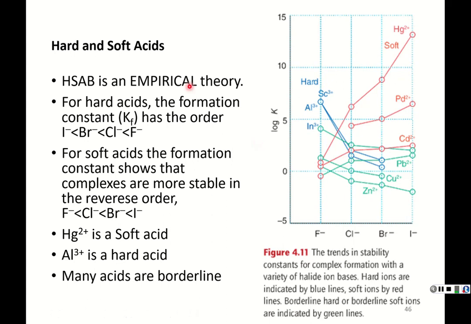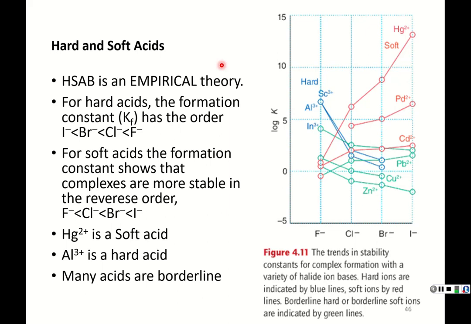Right. This is an empirical theory, which means you can't just look at the periodic table and be able to tell that. Okay, it was done through experiment. That's how people discovered this, and that's what led to the classification of being hard and soft.